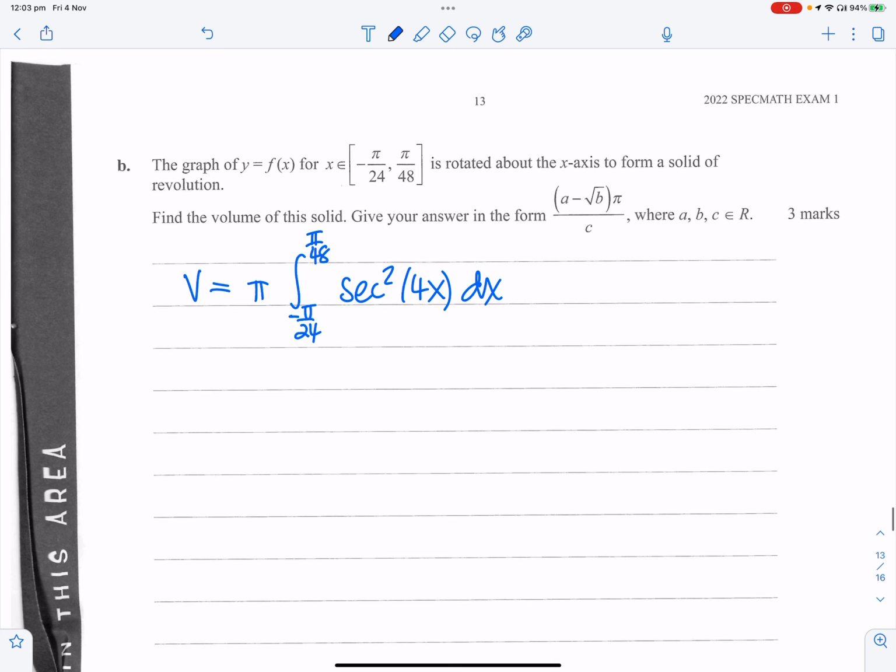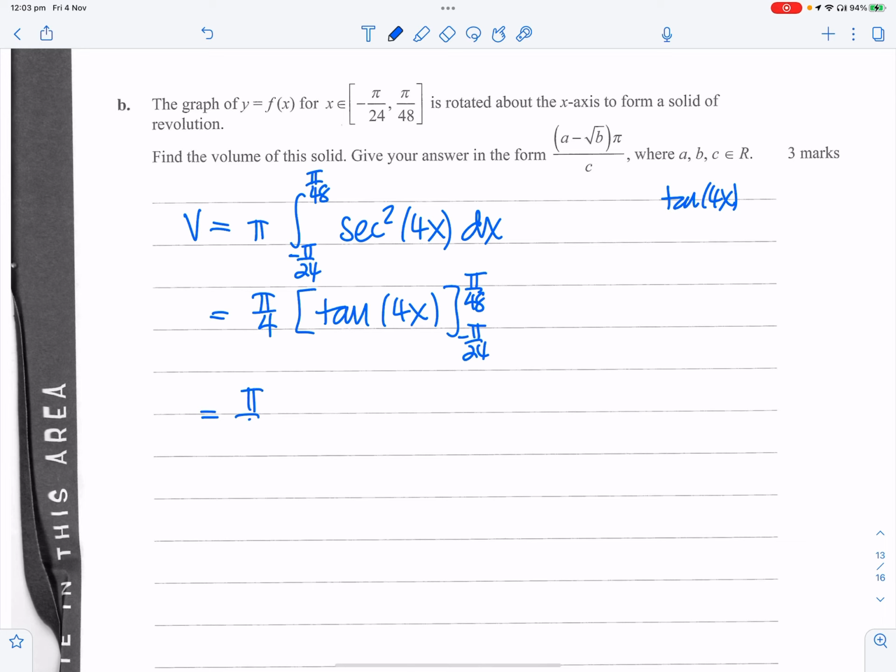Seems like it's going to be ugly. Okay, we know if we differentiate tan 4x, we get 4 sec squared 4x. So here, if we anti-differentiate this, we're going to get pi on 4 tan of 4x between pi on 48 and negative pi on 24.